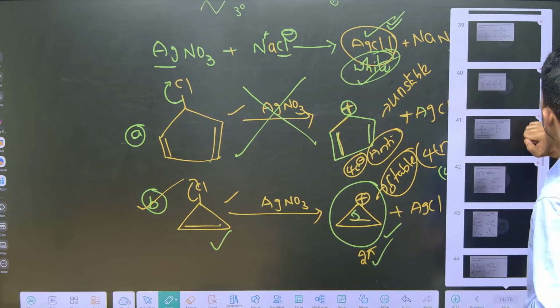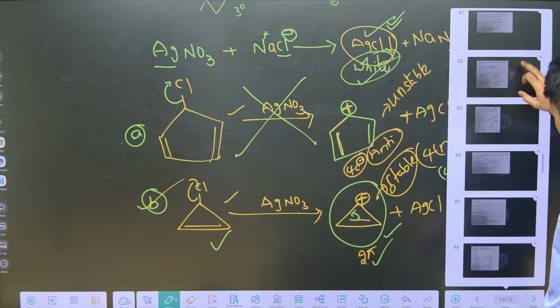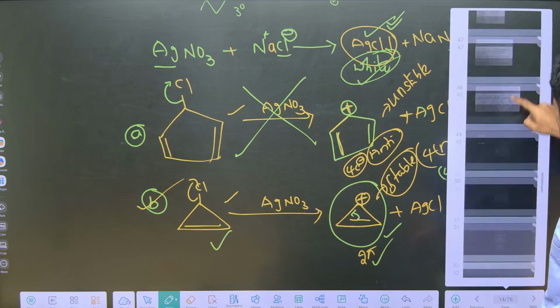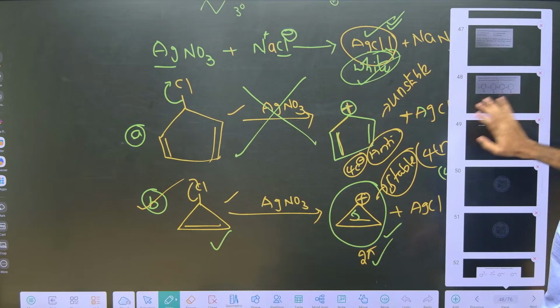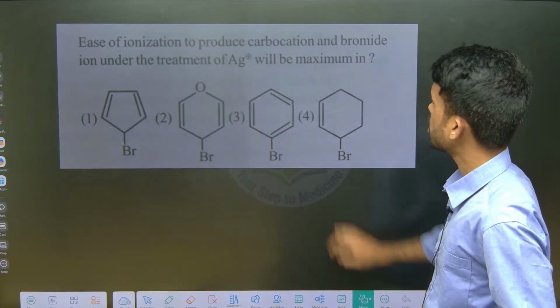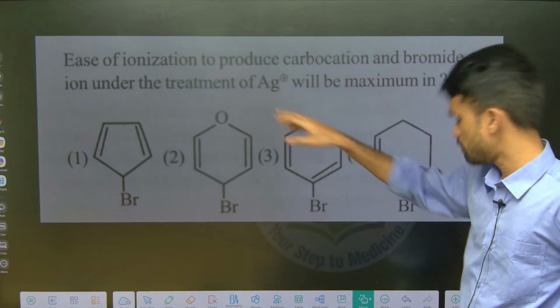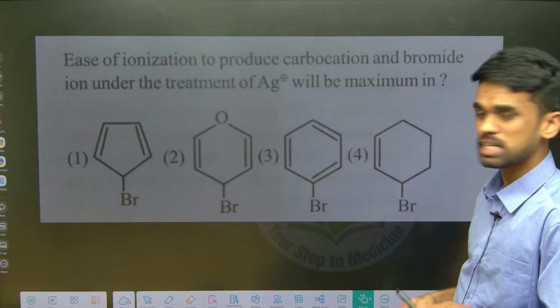Look at this: ease of ionization to produce carbocation and bromide ion under treatment with Ag plus, that is nothing but AgNO3 solution.